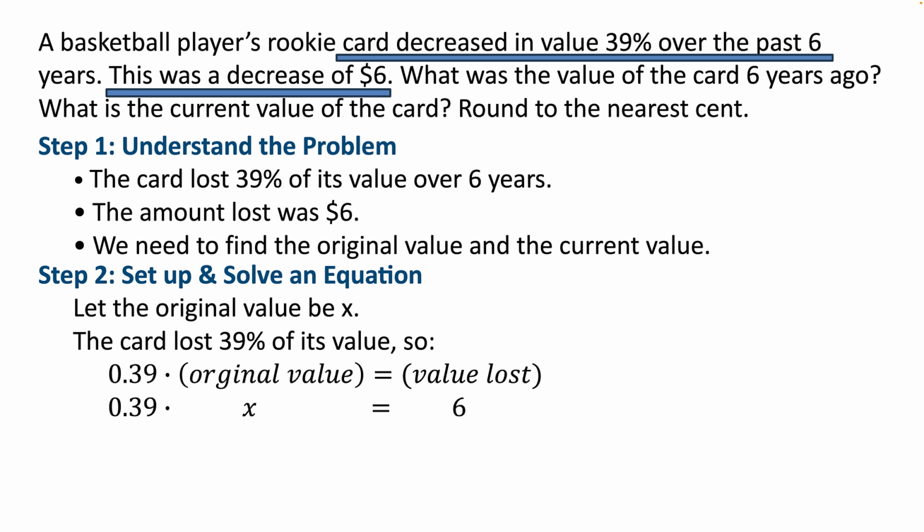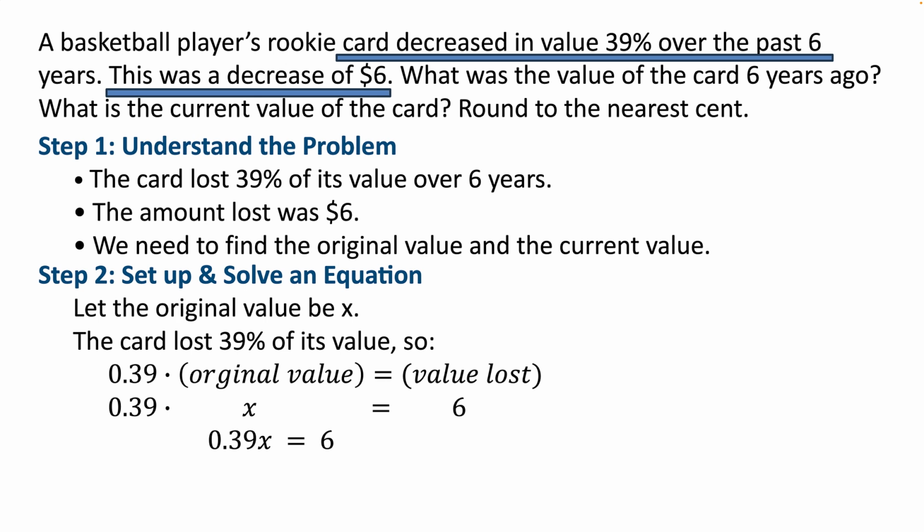Or in other words, 0.39 times x, which is our original value, is equal to 6 because we know the card lost $6. In other words, 39% of the original value is equal to 6.